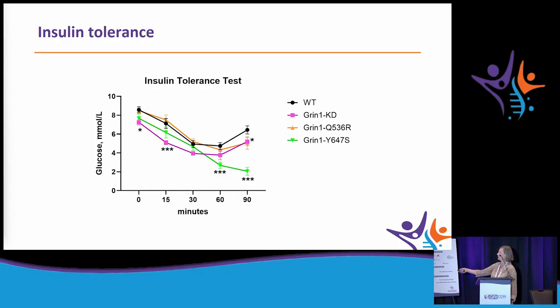And then when you give insulin, it drops further, and then it recovers. And in the case of these Y647S, it dropped to incredibly low levels, which can cause death, and in this case did cause seizures in the animals. So it looks like these animals are very sensitive to insulin. It doesn't take a lot of insulin to get a drop in glucose.